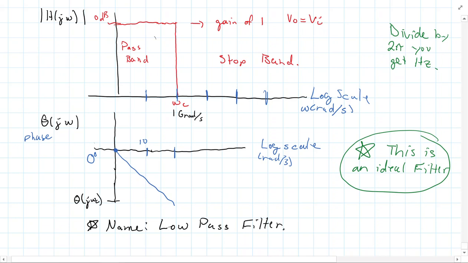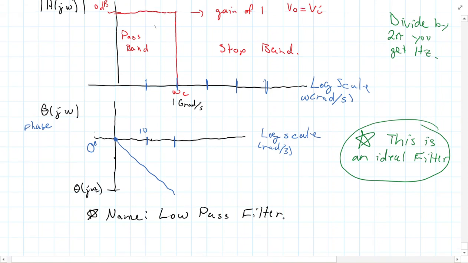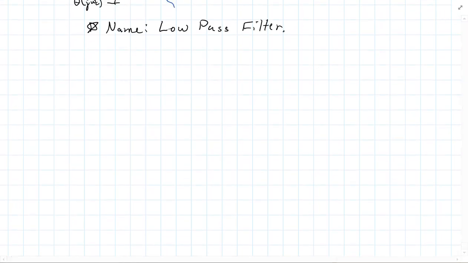That would still be a low pass filter. It would just have a much higher cutoff frequency. So low pass does not mean the cutoff frequency has to be low. It just means anything less than the cutoff frequency gets passed, anything above the cutoff frequency gets stopped. That's what you want to remember for low pass filters.